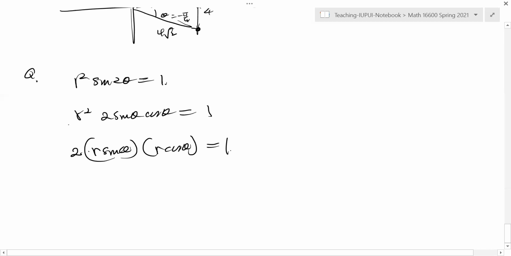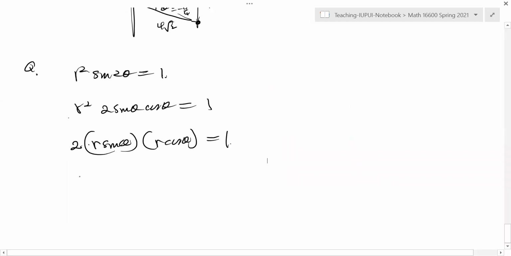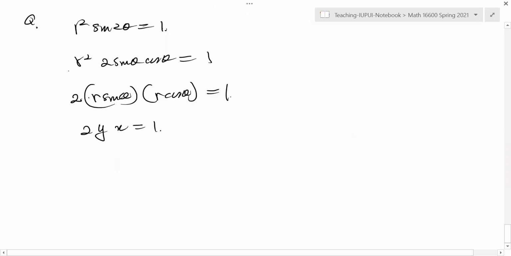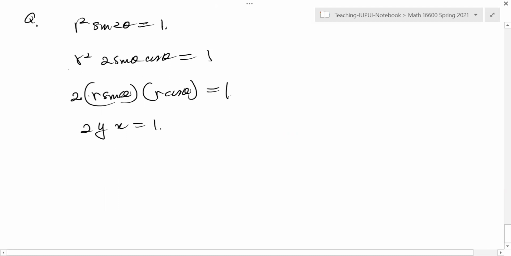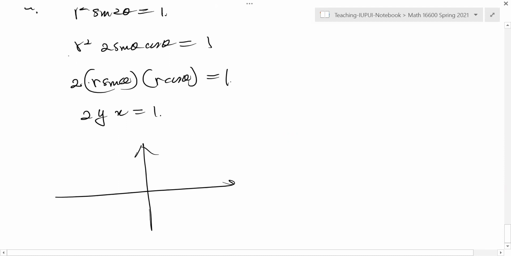So that means it's 2 y times x equals 1. So you get the equation like that. The equation we'll get is y equals 1 over 2x. So this is the 2 lines.